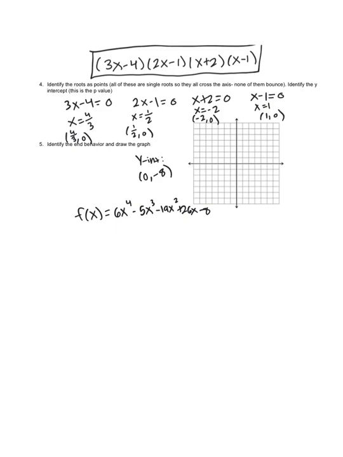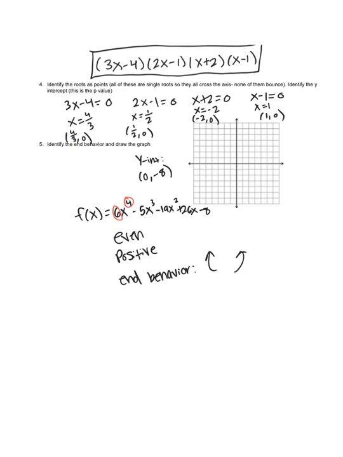Your type of function, since your highest exponent is a 4, it's even, which means that both ends of the graph are going to point in the same direction. Your leading coefficient, or your A value, is 6. That's a positive number. So that means that the end behavior of my graph is going to have both ends pointing upwards in the same direction. So like this.